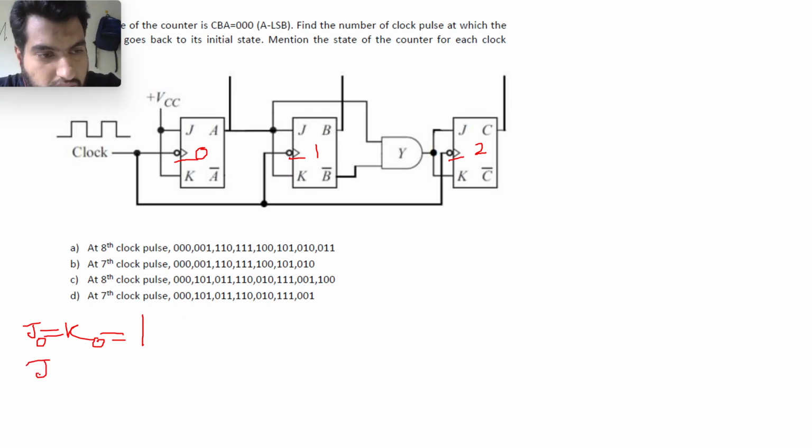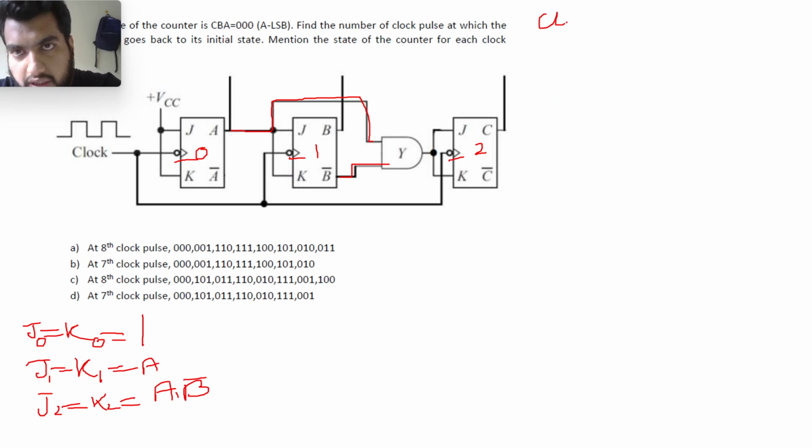Then J1 equal to K1, this is connected to the output of the first flip-flop, so J1 is equal to K1 is equal to A. And J2 equal to K2 is equal to A dot B complement.